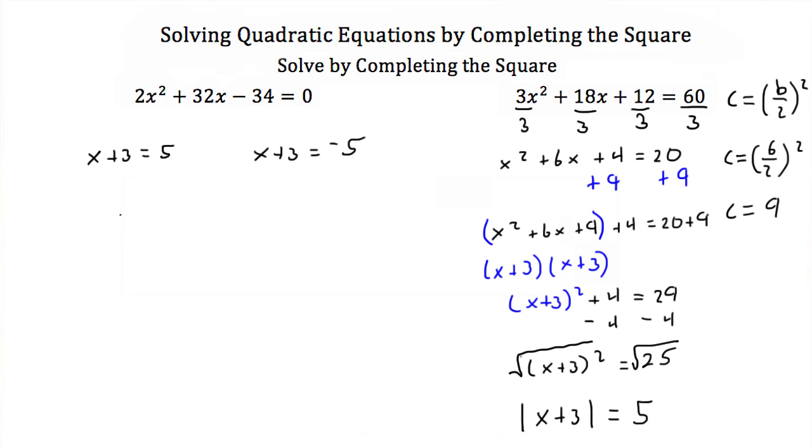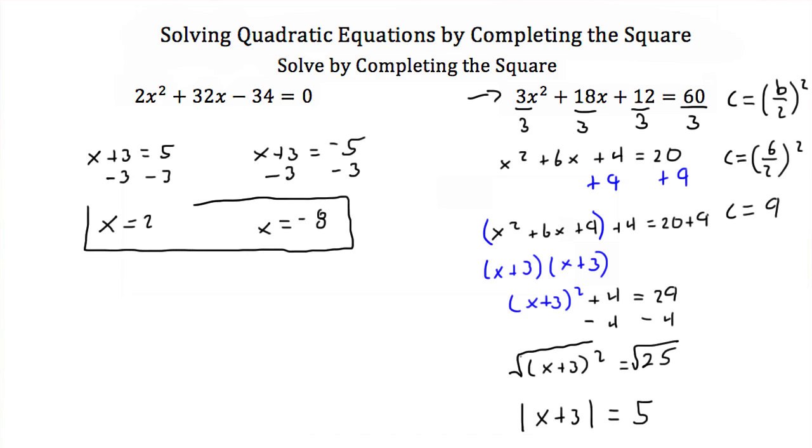My last step is to subtract 3 from both sides on both equations. If I do that, I'll end up with x is equal to 2 and x is equal to negative 8. So my solutions for this equation are x is equal to 2 or x is equal to negative 8. And that completes the tutorial on solving quadratic equations by completing the square.